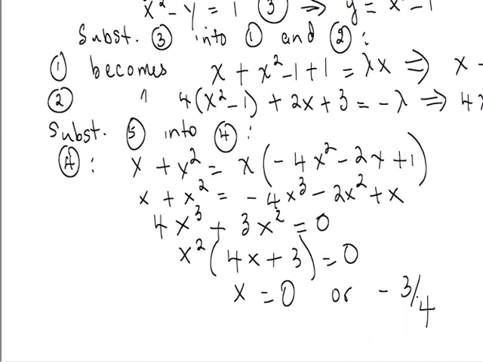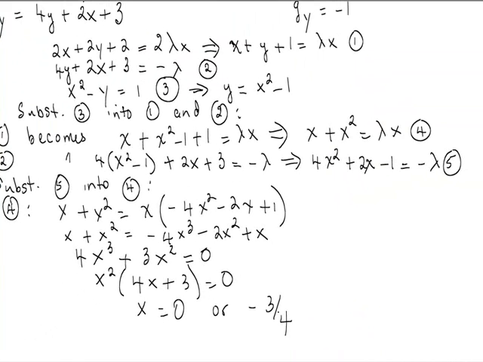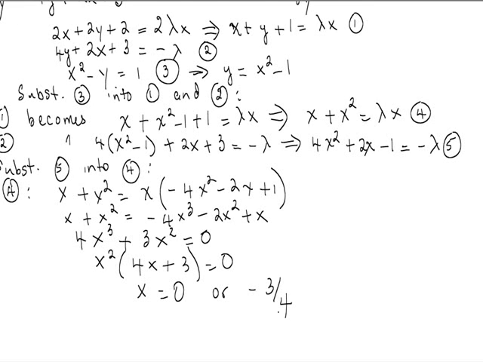We are getting somewhere. We have what x is. That's beautiful. You remember what we're trying to get is x and y, right? So when x is 0, tell me, how can we find y? Where do I put that? Right, into the constraint. Y equals x squared minus 1, right?